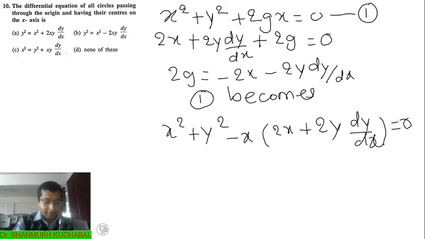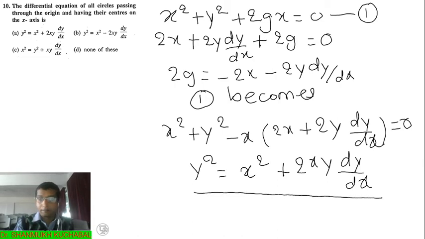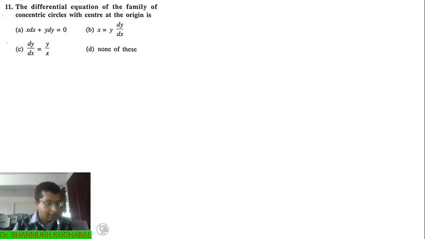Further simplifying we get y square equal to x square plus 2xy dy by dx. So we observe that this equation is y square equal to x square plus 2xy into dy by dx. So it is there in option A. Option A is the right answer.